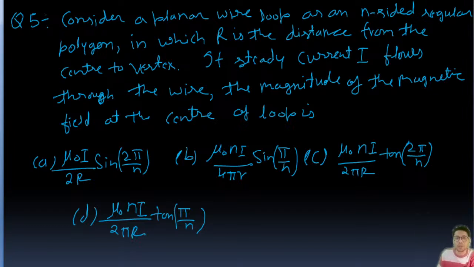Very good question. So we'll first find the magnitude of the magnetic field at the center of the polygon by one segment of the polygon. How are we going to do it?